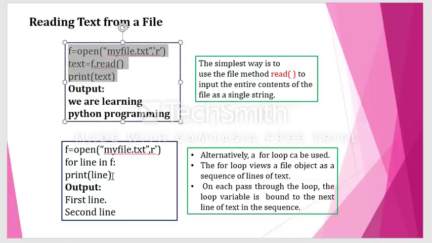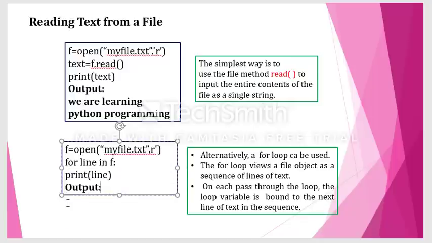Apart from the read method we used above, we have another option too. Okay, we can do this using a for loop also. So here also we'll execute the program and try to print the output. So how are we using this for loop?